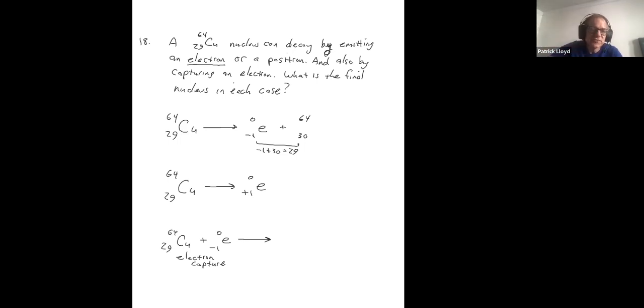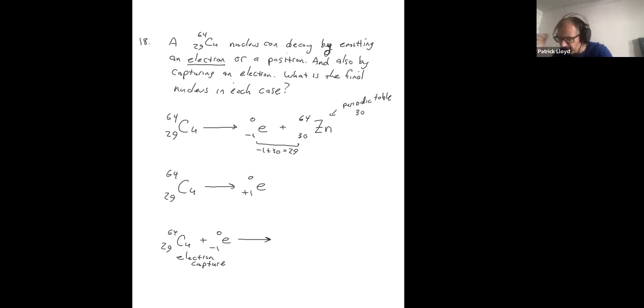So what we have to do then is figure out what element number 30 is. If you go to your periodic table, what you'll find is that number 30 is zinc. Okay, so that's zinc. I just got that from the periodic table. Right, because element number 30 is the atomic number. And that would be zinc.